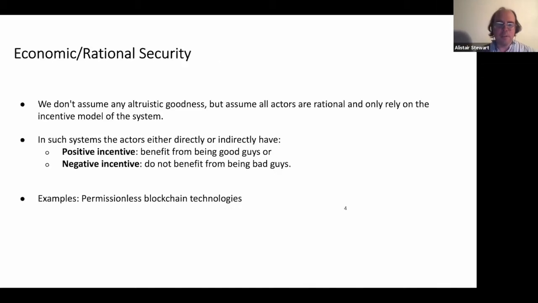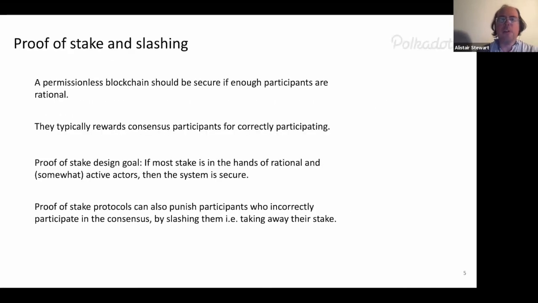The other type of assumption is a rationality assumption. So rather than assuming that actors are good, we'd want to assume that they're rational, and then argue that we're going to set up our incentive system in a way that this is going to work. And this is the goal with a permissionless blockchain, right? We want to have some argument that says that it's secure if enough participants are rational.